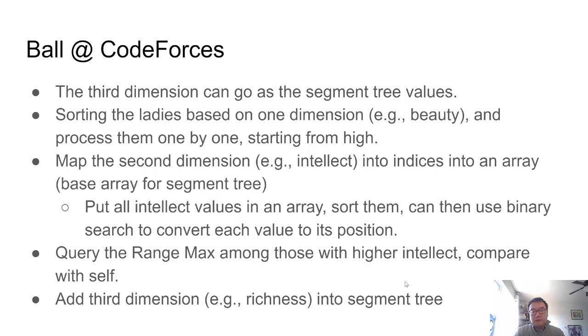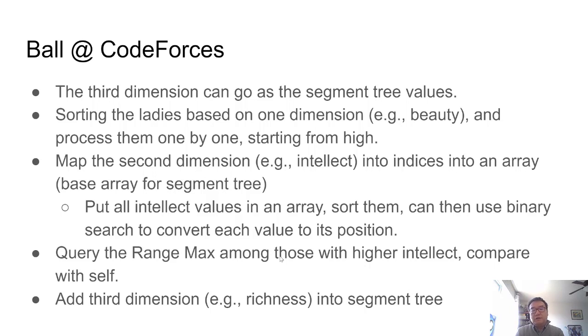Now suppose we have that, what do we need to query? When we are querying, we are trying to find out whether there's someone who has a higher value in all three dimensions. We know that any point we have processed so far has a higher value in one dimension. Then we can choose a half in the segment tree, and those will have a higher value in the second dimension. So we look at those points.